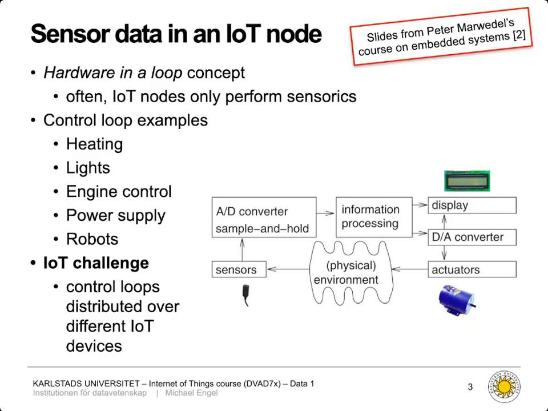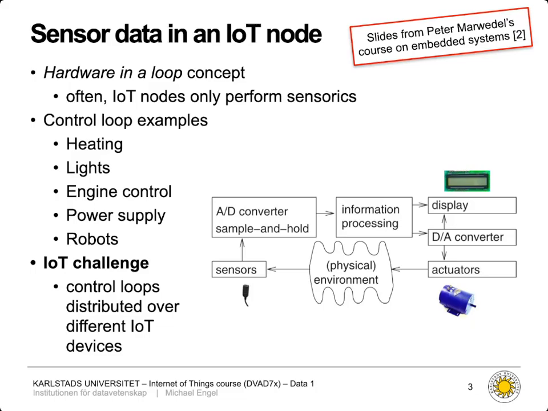So the first thing it should do is it should use its sensors to capture information from the physical environment. So here we've just shown a microphone, for example, but it could be anything you can imagine, like an acceleration sensor, a temperature sensor, and light sensors. There's large amounts of very different sensors for almost all sorts of physical properties out there.